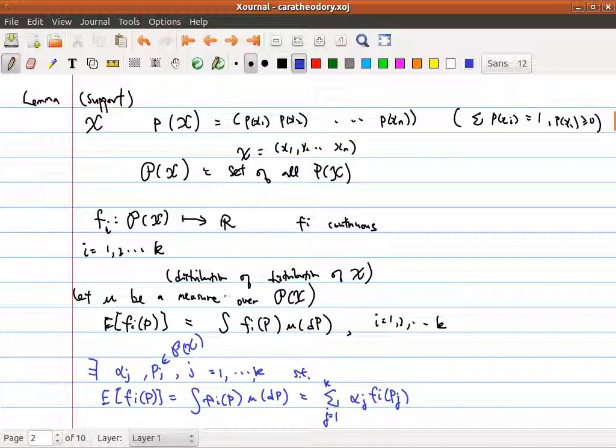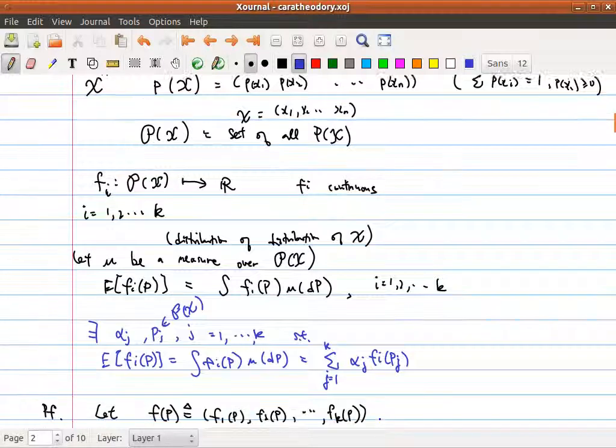Then what the lemma says is that instead of thinking of this mu here, it's sufficient for me to just find k p_j, that's p_1, p_2 up to p_k, basically k distributions of X, and this expected f_i(p) can all be written as a convex combination of this f_i(p_j).